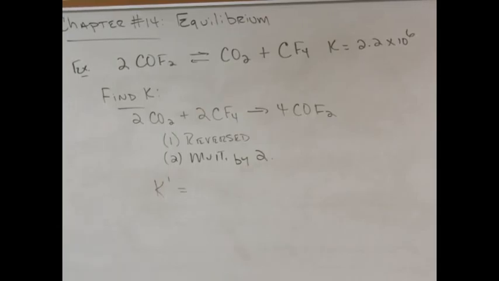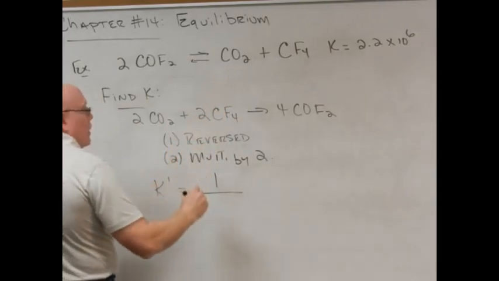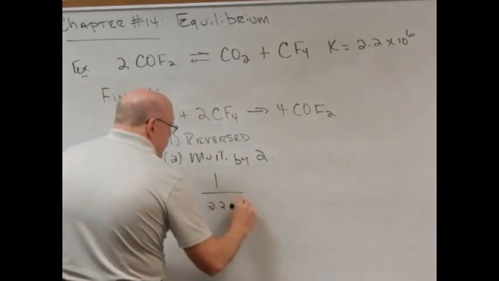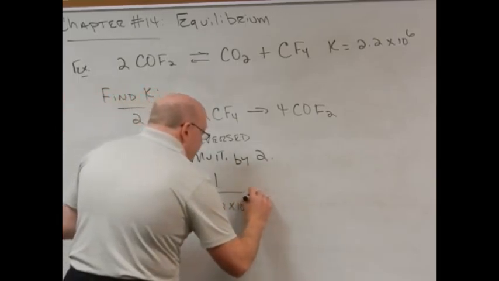So for this one, the new K, a lot of times I'll go with K prime, indicating it's something new, is 1 over 2.2 times 10 to the 6th. That would be just for flipping it. That's taking the inverse because we're going the opposite direction. But then they also raised it to a power. Square this term.